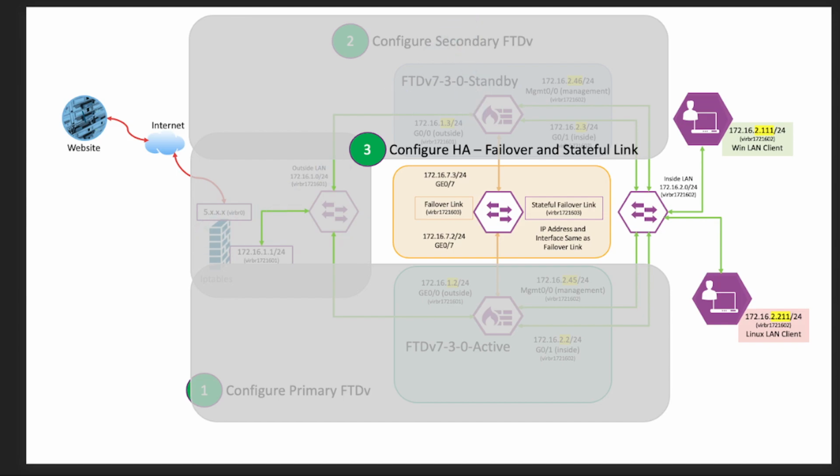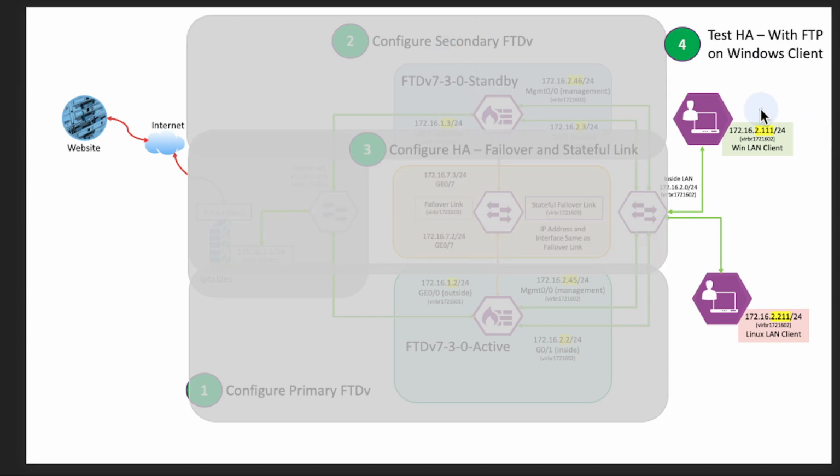After that, we're going to use the Windows client behind the firewall, or behind the FTDv, to show you that the impact of the failover or the HA is minimum. So the traffic shouldn't be impacted, and the operation should continue even when the failover happens.